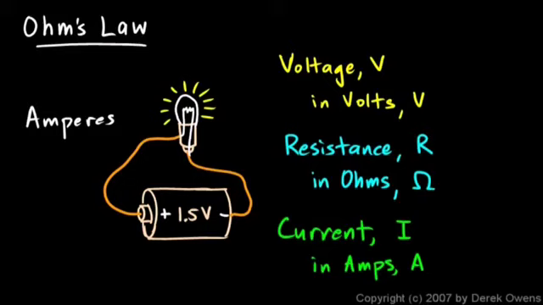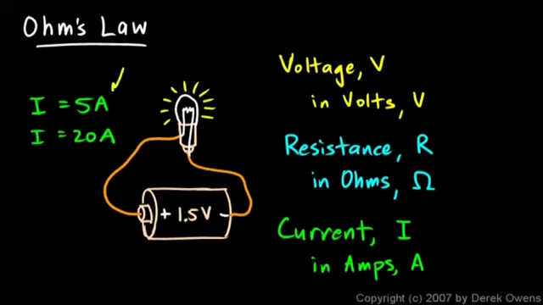This is named after a person, André Ampère, a French physicist who did a lot of work with electrical theory at the time this was being discovered. And amps is just short for amperes, and you hear it said both ways, amps or amperes. So someone might write, for example, the current is 5 amps, or they might write the current is 20 amps. That's just how the symbol I is used, and the A is used in this context. I is the current, and it's measured in amps.